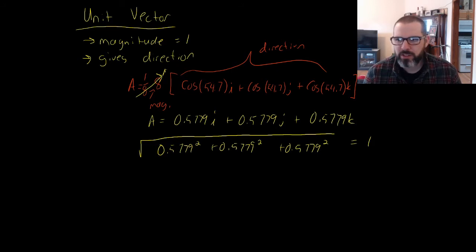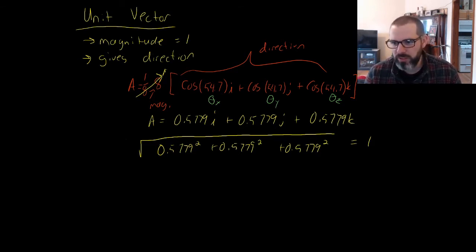We had a vector, and we just said that theta x, theta y, and theta z were equal to 54.77. All we did to get to this 1 is substitute and simplify to get 0.5779 I, J, and K, and then square and take the square root of this. So first things first, say we want to get rid of the square root, and we can do that by squaring both sides.